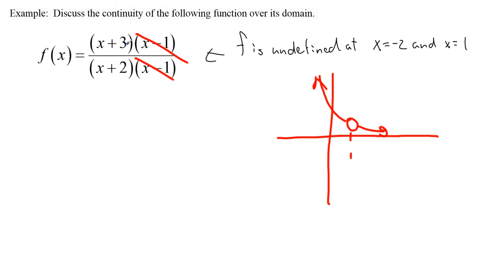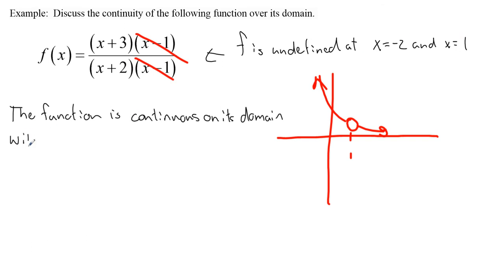All right. So what we can do here is we can say that this function is continuous on its domain, and that domain being all values of x except for -2 and +1.